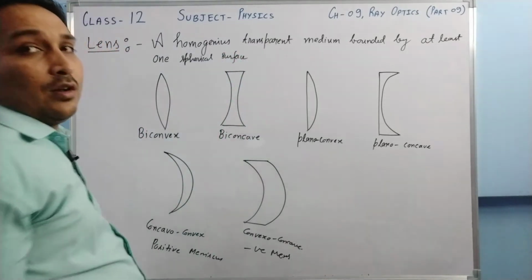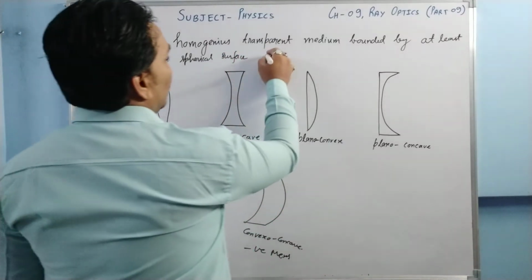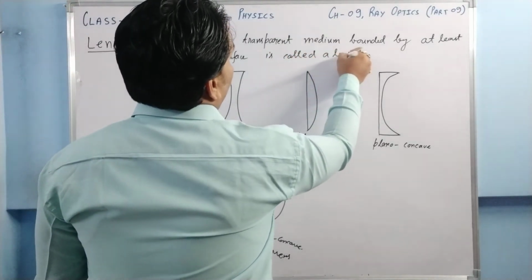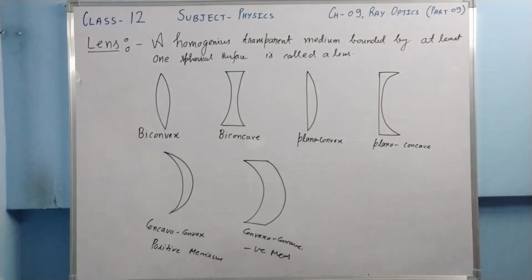The other may be plane, the other may be cylindrical, is called a lens.